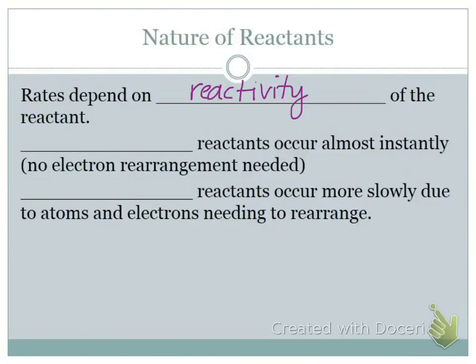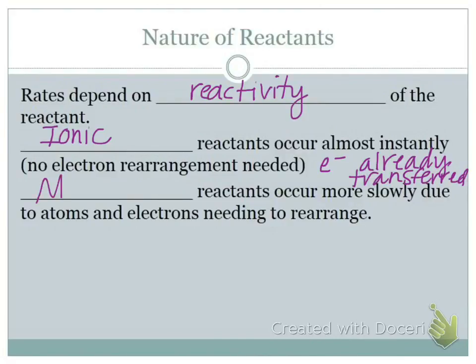Okay? Ionic reactants occur pretty much almost instantaneously, and that's because you don't need the electrons to rearrange. They've already transferred. So since the electrons are already transferred, the reaction happens very quickly because you're not having to figure out who's going to share or where it's going to go. Okay?